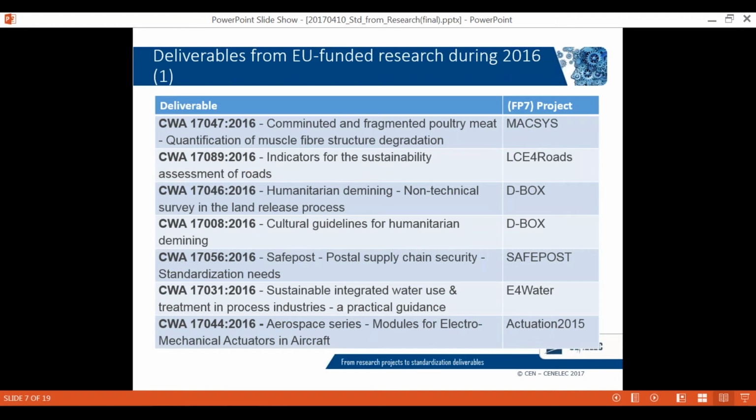For TC deliverables, this may not always be the case, so we may not know that a research project was at the basis of a TC deliverable. So TC secretaries, inform us when you know a project is at the basis of a standardization deliverable. Let's have a look at the deliverables in a TC context on the next slide.